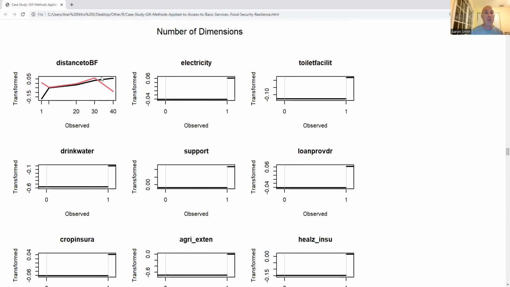The black lines indicate how things were transformed from the original data to the dimension. Here we can see that there is a rescaling, so the values are being stretched and compressed from the original distance to the transformed value.